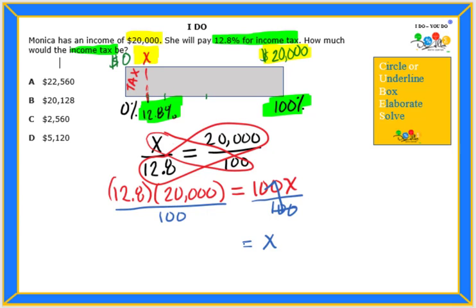What we can do here is we can simplify and take the 12.8 out to the front, and then we have 20,000 divided by 100, and we can divide both of those by 100, and by doing so, we will get 200 over 1.